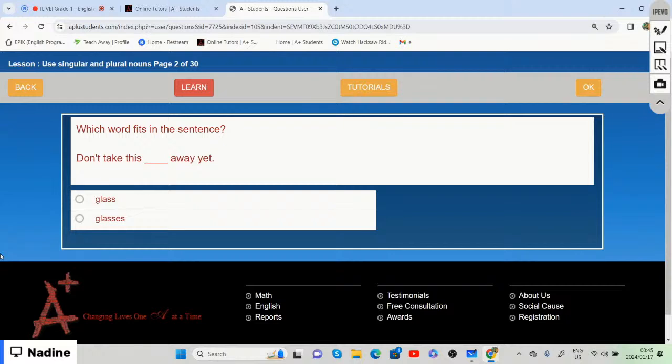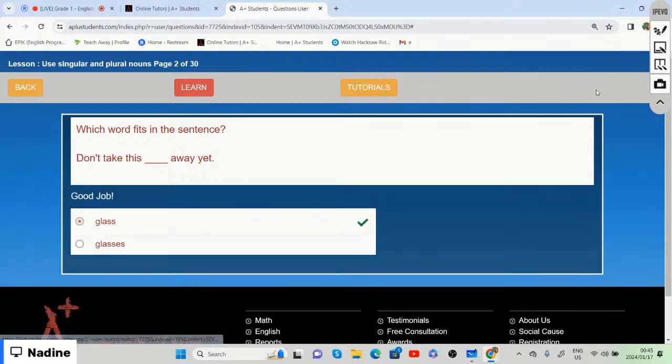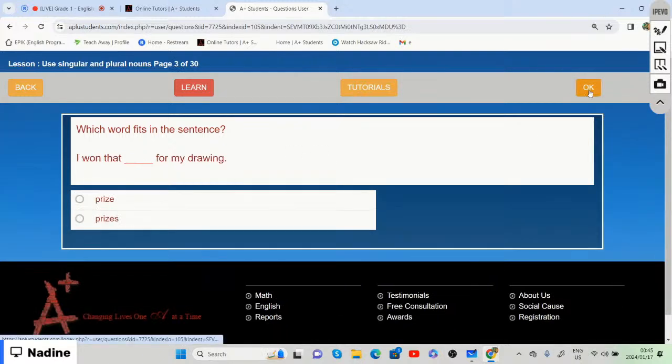So now we can say don't take this glass away yet. And glass is correct.